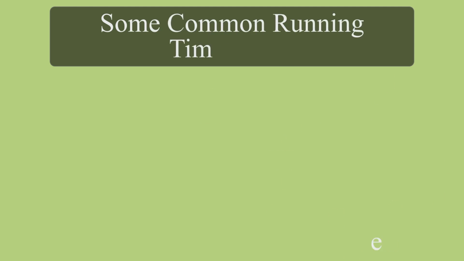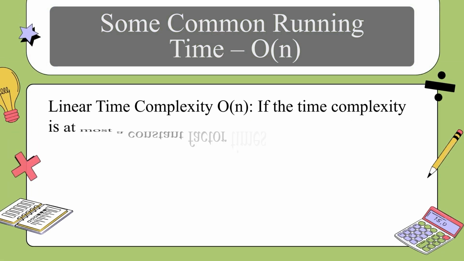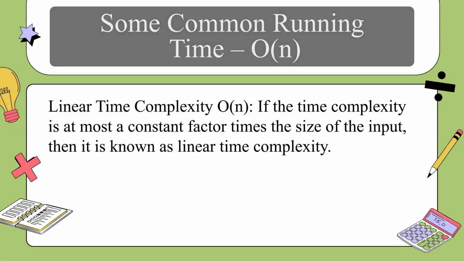Now, some of these common running times. Let us start with order n, which is also called linear time complexity. Linear time complexity is basically defined as: if the time complexity is at most a constant factor times the size of the input, then it is known as linear time complexity.